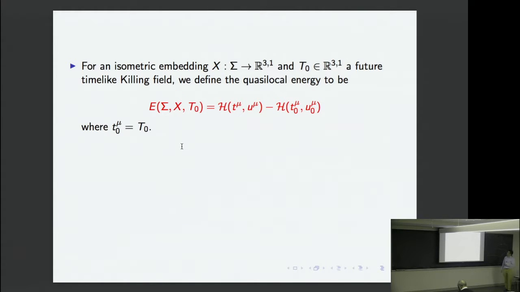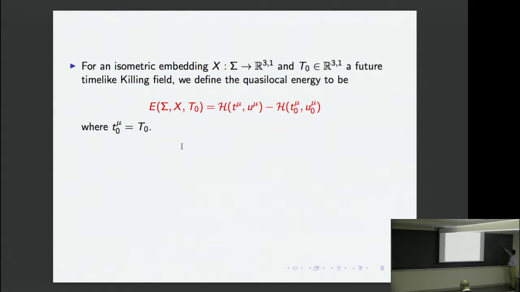So the way we choose it is, well, first of all, in the reference surface case, this is your isometric embedding. We're going to take this one here as my reference surface. I can just take this T naught here. Okay, so this is my T naught. And my U naught mu is actually very simple.